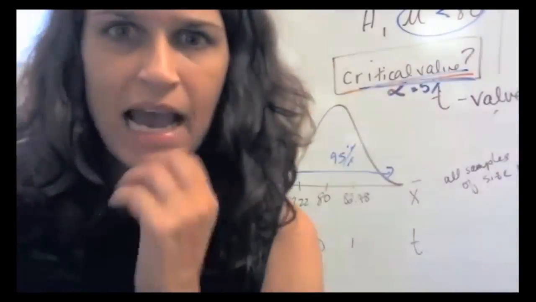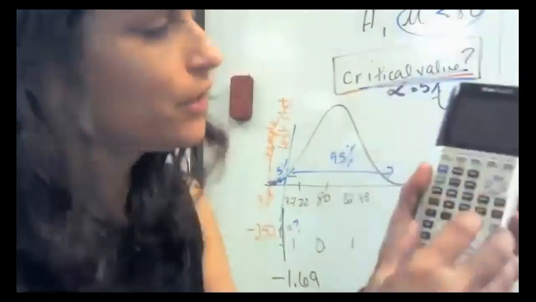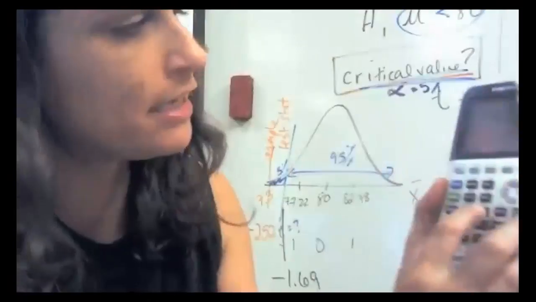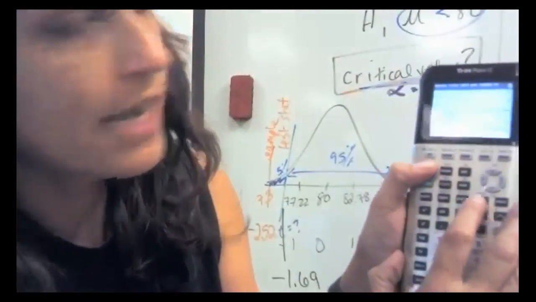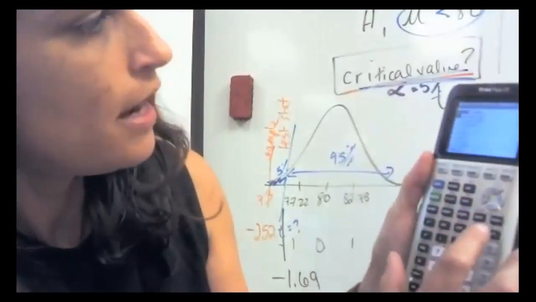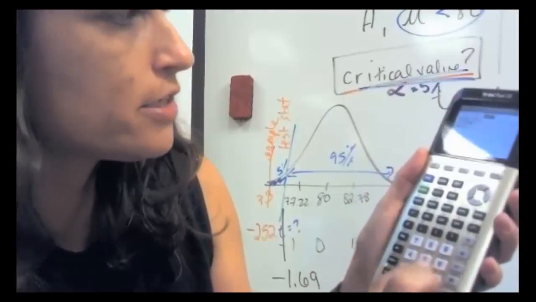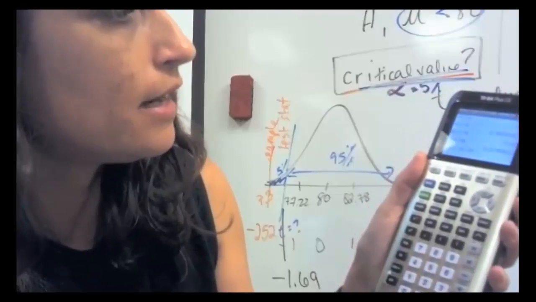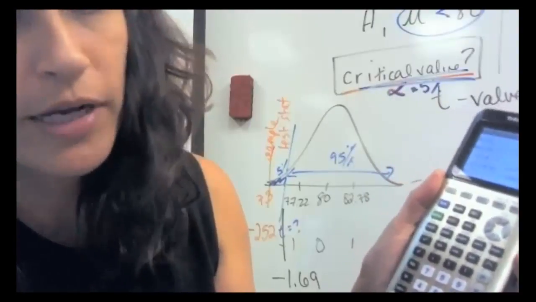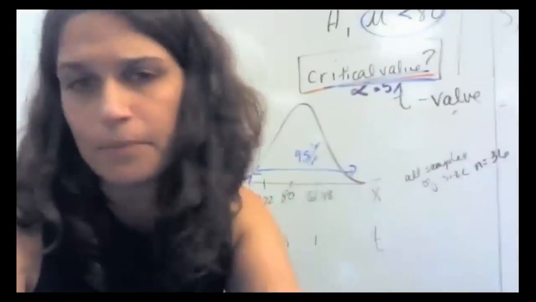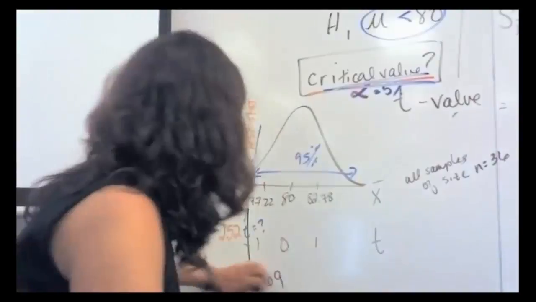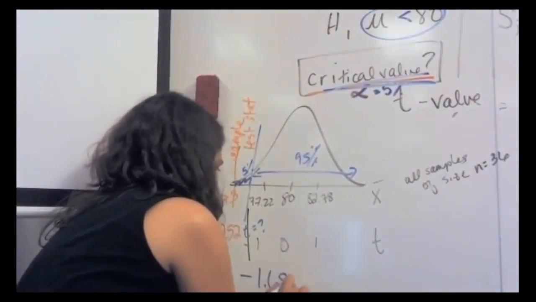I can't actually show you on the computer how to do that, but basically you're going to go to second VARS, and then you go to inverse T. I'm going to type in 0.05 and then degrees of freedom, and I get negative 1.689.